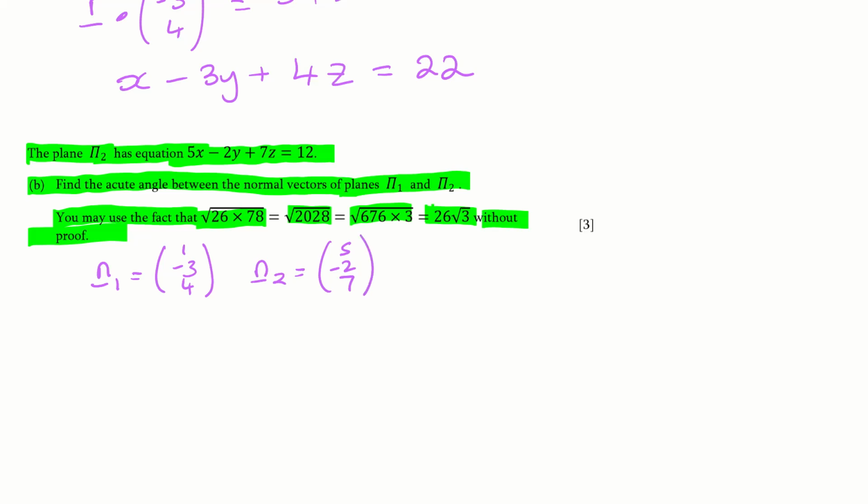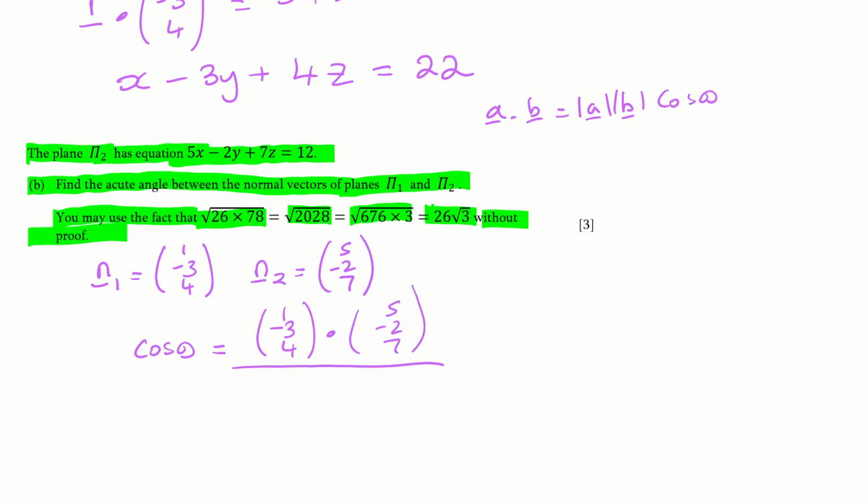Now, we know that a dot b is mod a mod b cos theta. So here we can say cos theta is going to be (1, -3, 4) dot (5, -2, 7), divided by the square root of 1 plus 9 plus 16, which is 26, and then the square root of 25 plus 4 plus 49, which is 78.